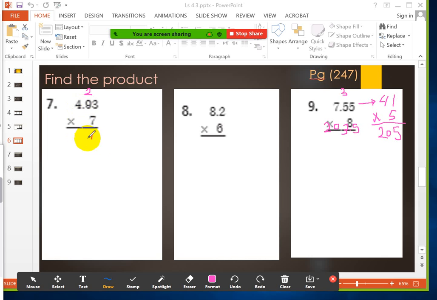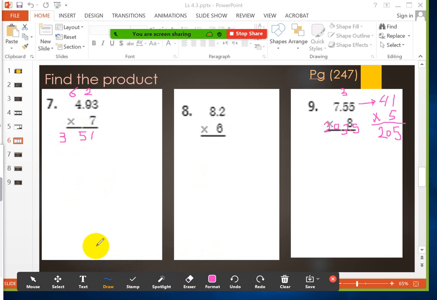So I will put 5 here and 6 above the 4, the ones digit. Now 7 multiply 4 equals 28, plus 6 equals 34. So I will put 34.